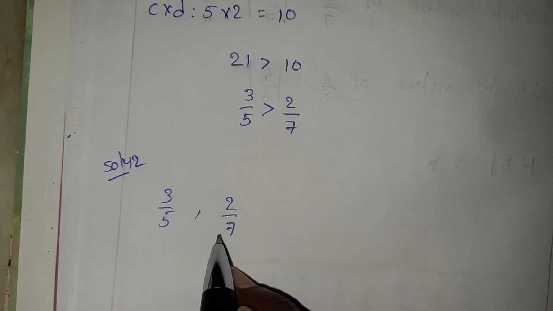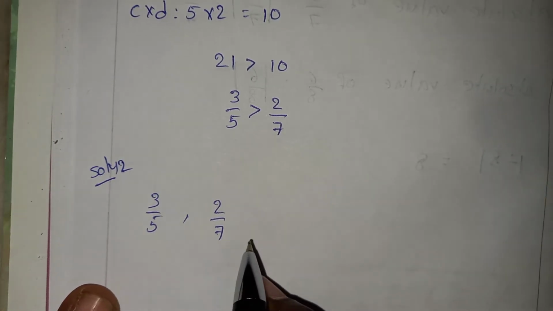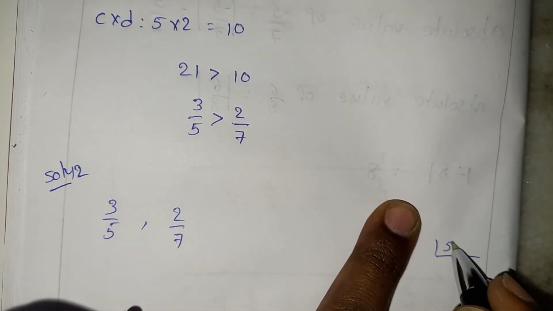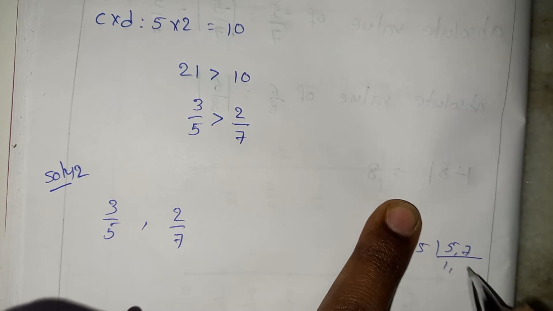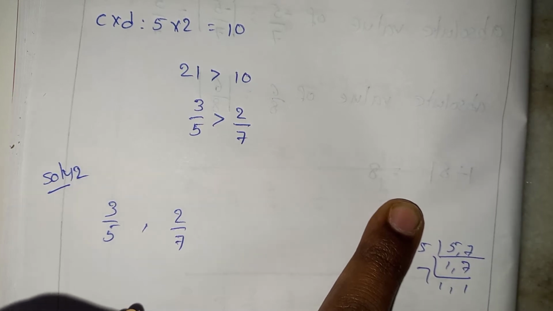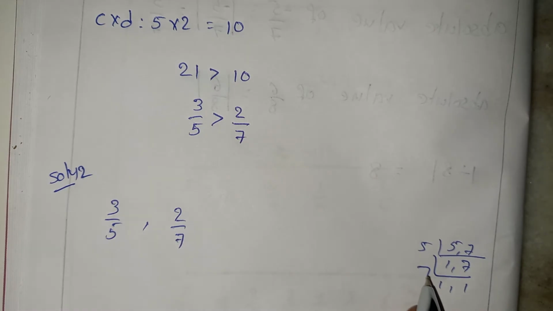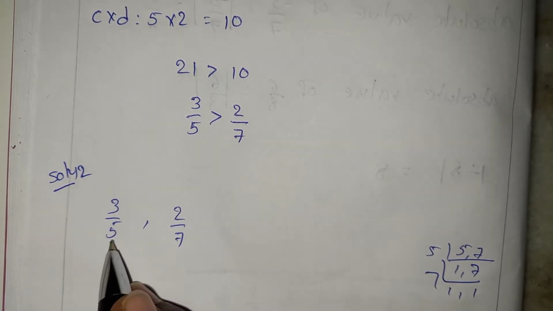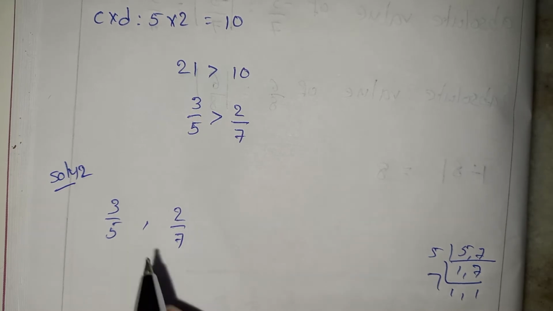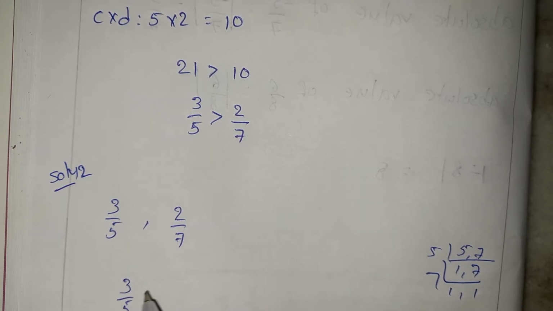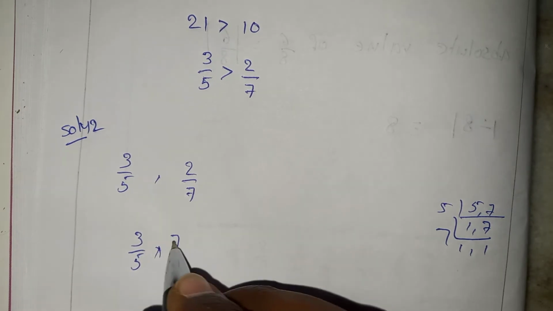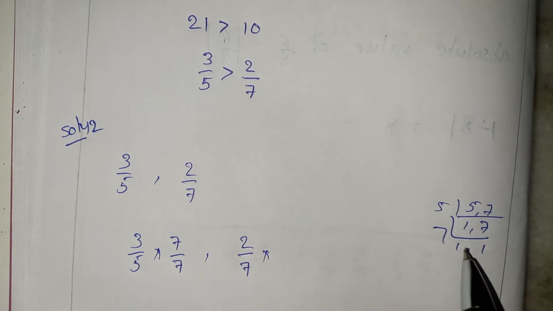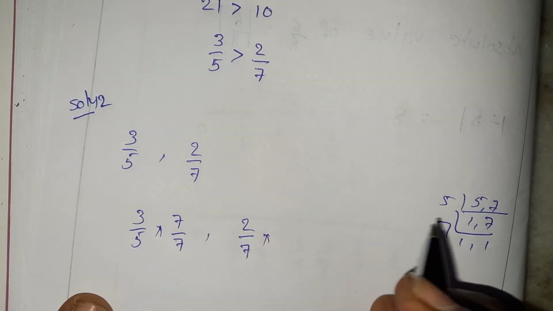So the LCM of 5 and 7 is 35, right? 5 sevens are 35. So after cancelling 35 with 5, you will get 7. 3 by 5 into 7 by 7, comma 2 by 7 into, if 35 cancels with 7, the remaining value is 5.